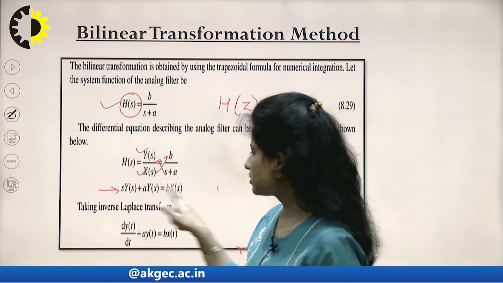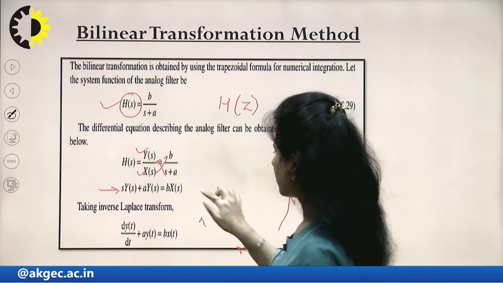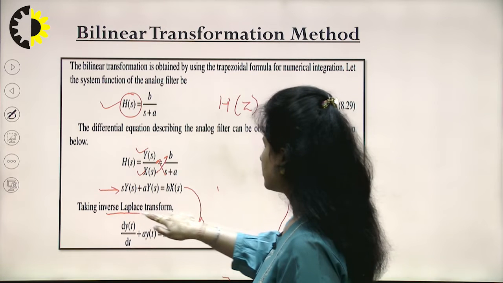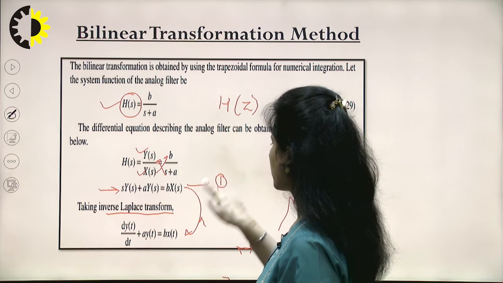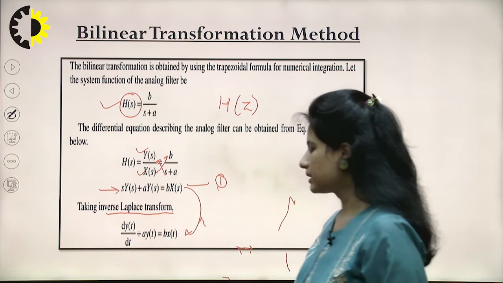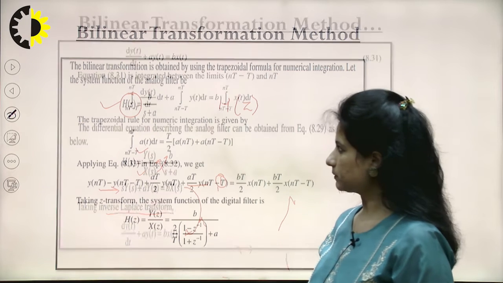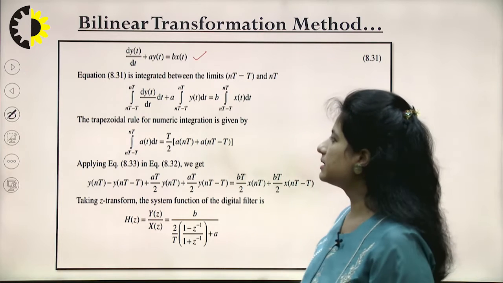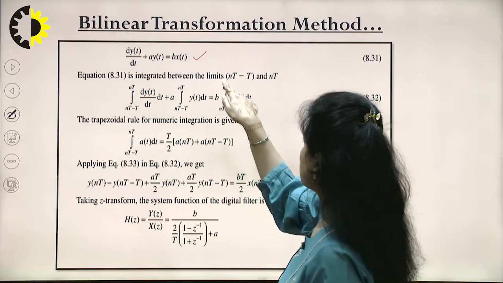So this S domain function is now brought back into the time domain function with the use of the inverse Laplace transform. This equation, which I can denote as the first equation, I am applying the inverse Laplace transform to and coming into this differential equation. This differential equation now has to be integrated in a time limit, that is nT minus T to nT.